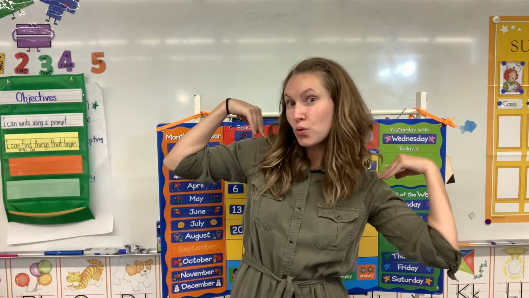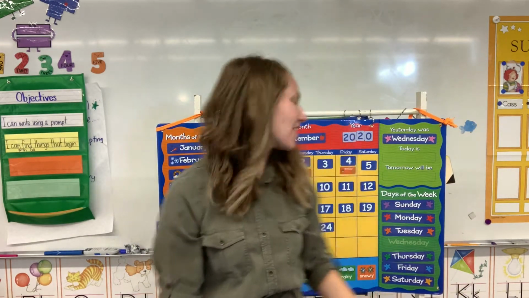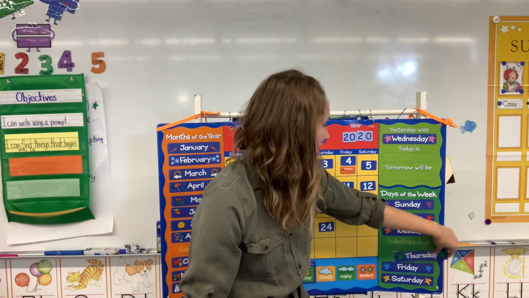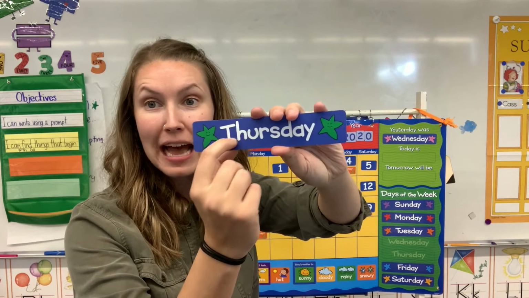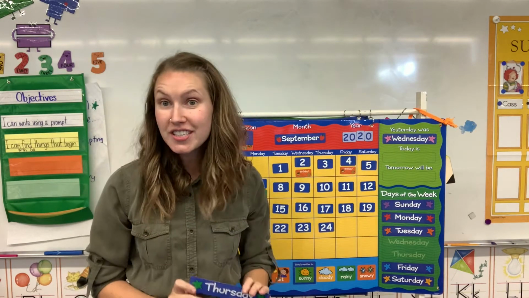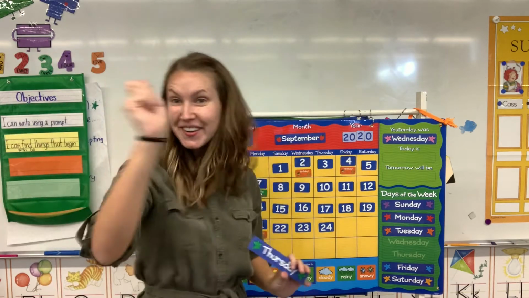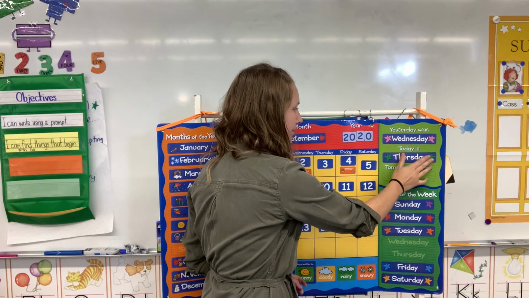Monday, Tuesday, Wednesday, Thursday. Very good, Thursday. Now, Thursday begins with the th sound that we get when we put T and H together. So find your Thursday on your calendar mat and circle it. And I'm going to put it up under today is.